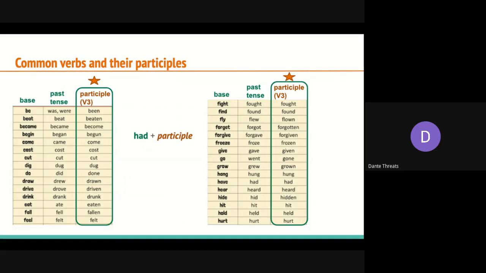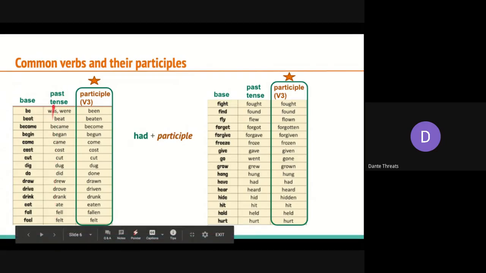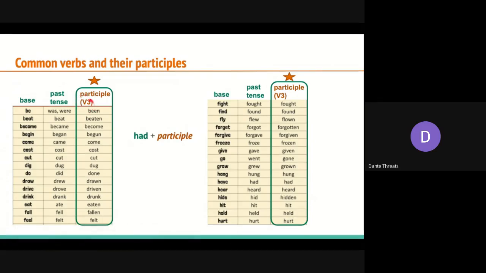We put them into the past tense. This column here would be considered verb 2. You see this V3? This V stands for verb. The base verb is verb 1. Past tense verb is verb 2. Past participle is verb 3.